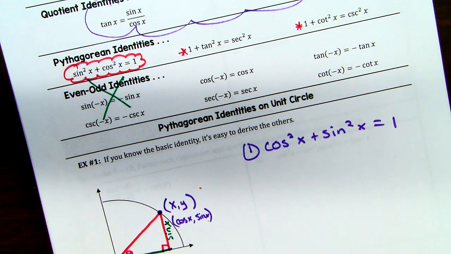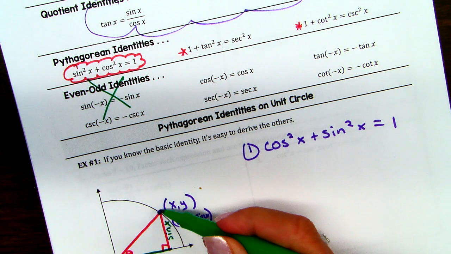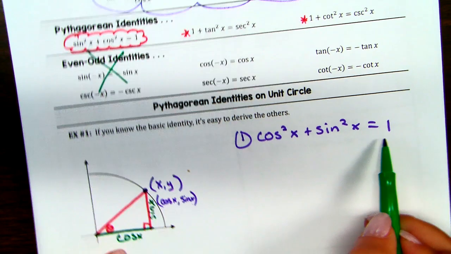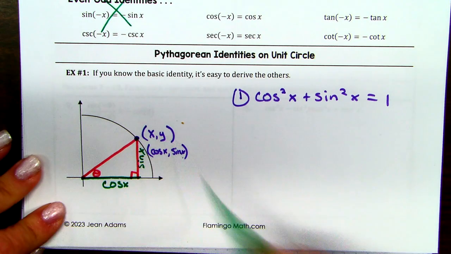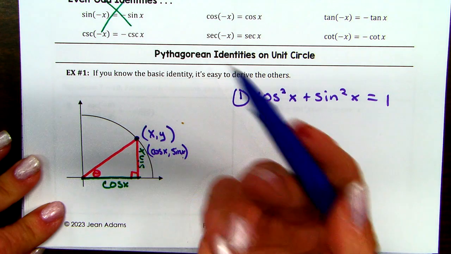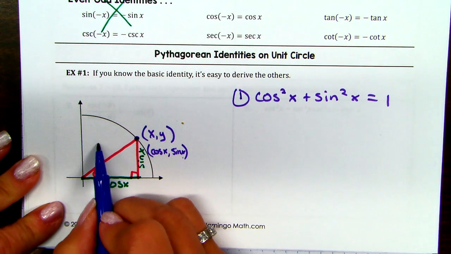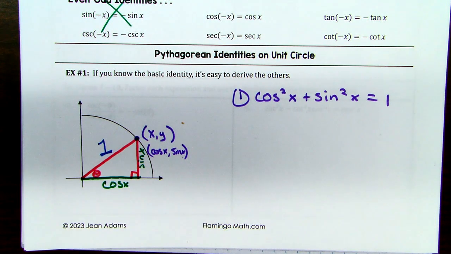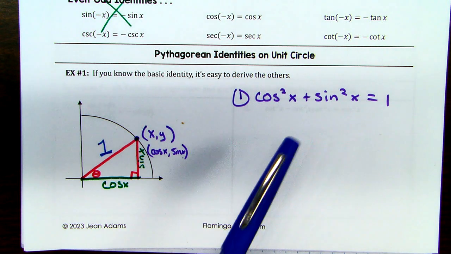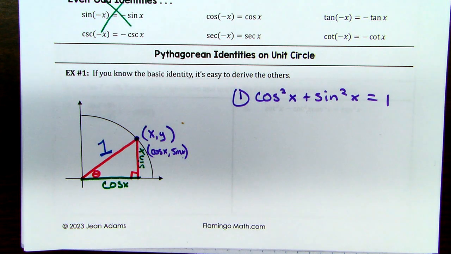So those are your 2 legs of a right triangle. So when you do this side squared plus this side squared, where are they getting 1 from? 1 is your radius, and 1 is the radius, hypotenuse of all of the right triangles on the unit circle. That's where the word unit comes from, 1. Okay, so that's where this comes from. The basic Pythagorean theorem just written in trig language.